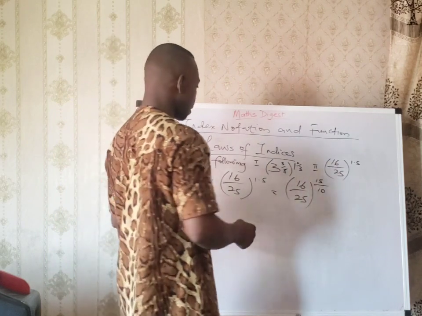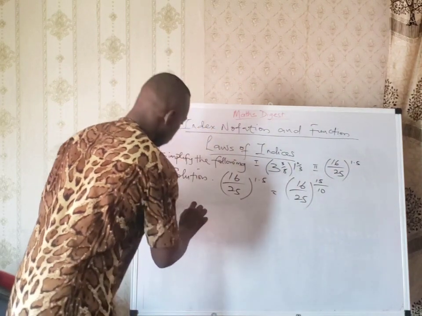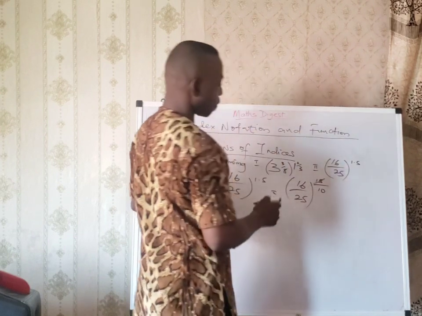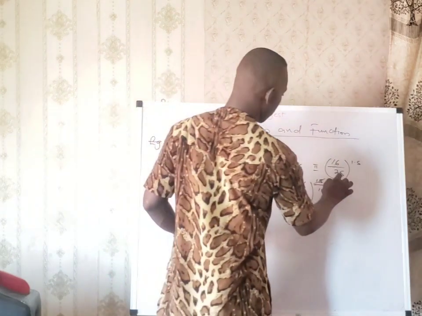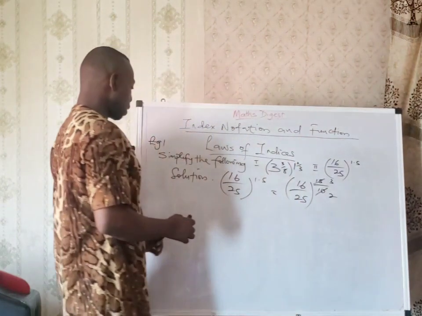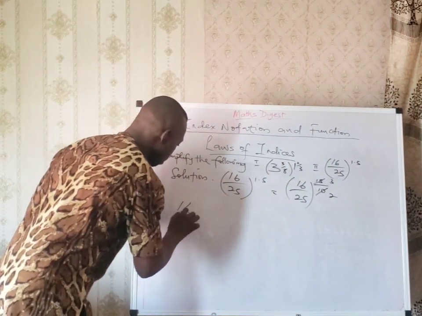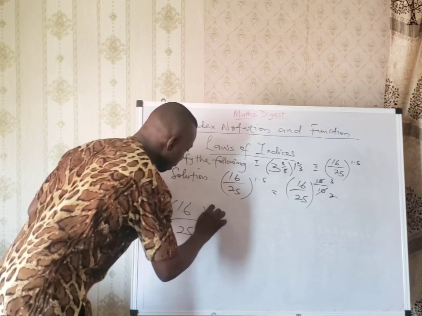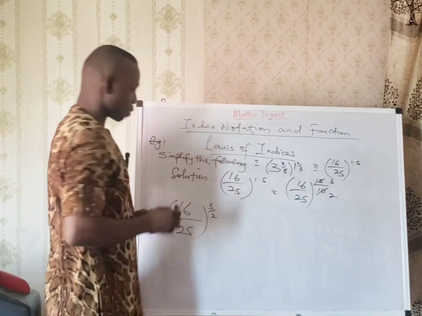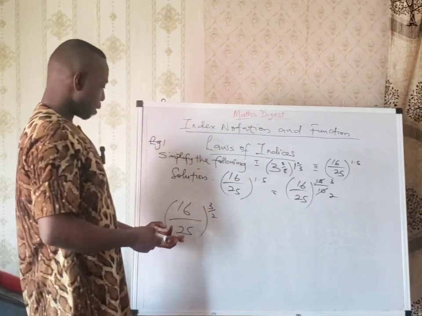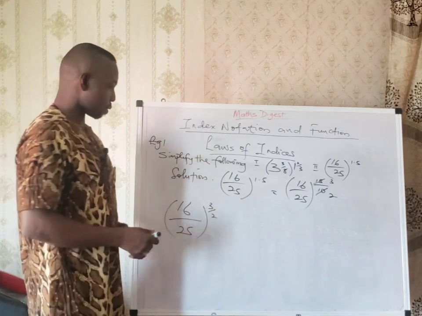Now from here we can even cancel out first. We say 5 into this we have 3, 5 into here we have 2, so we end up having 16 over 25 all raised to power 3 over 2. Now with this, we take the square root of this number raised to power 3.